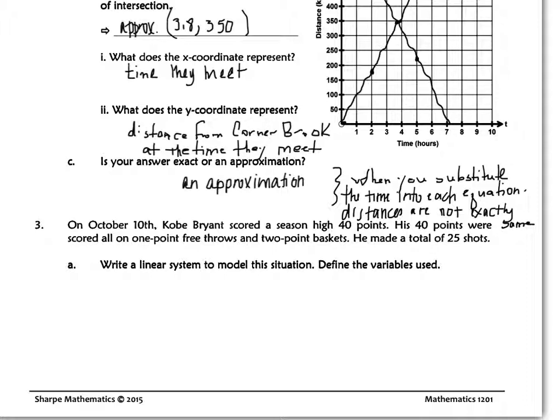So we'll say F equals number of free throws and B equals number of baskets.